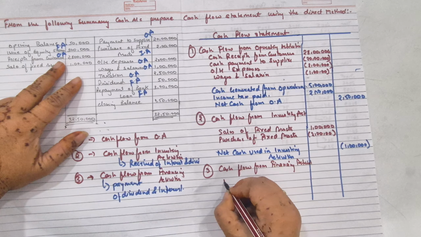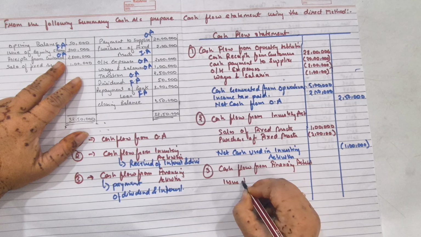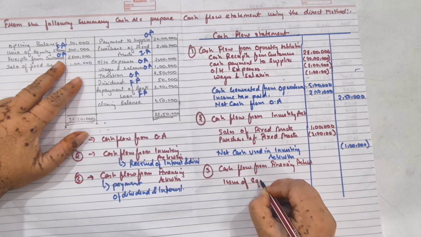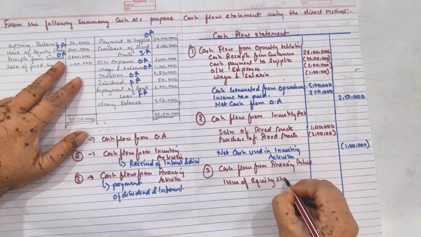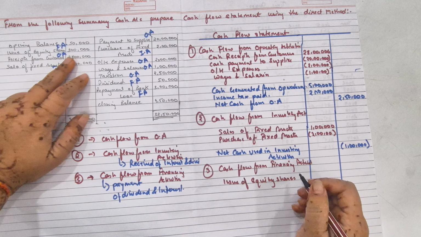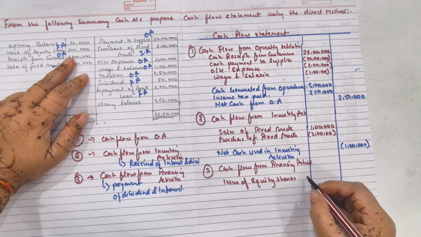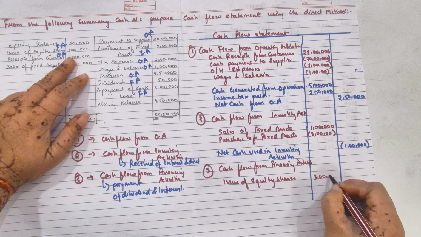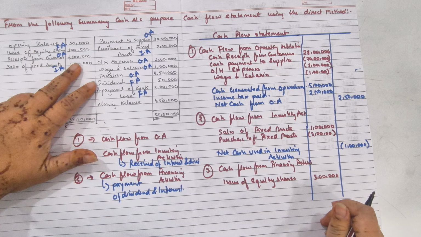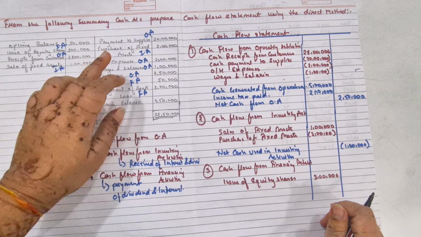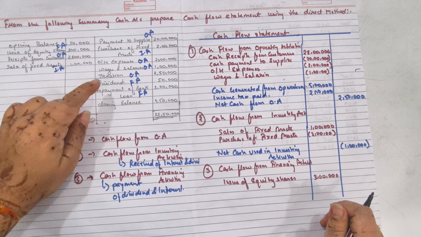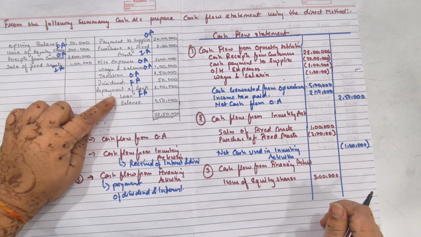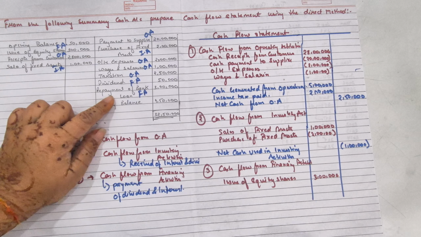We have issued the equity shares, so we must have received a cash inflow. As we issue our equity shares, there is an inflow of cash of 3 lakh. Then dividend paid and repayment of bank loan.